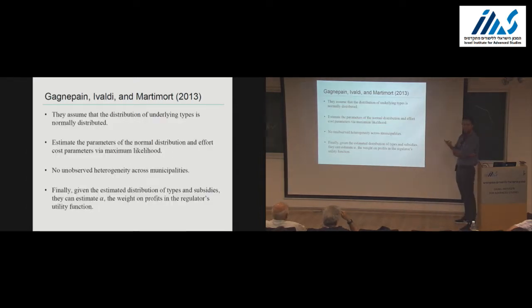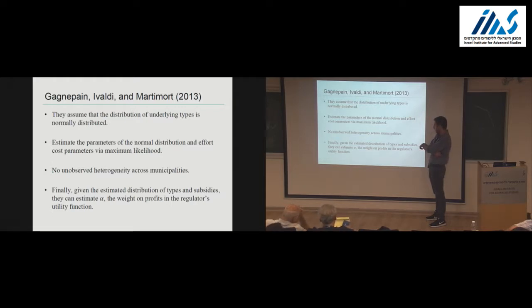Okay, so they make a parametric distribution on the thetas. They assume that the thetas are normally distributed. Again, I'm not going to get into the details of the estimation, which are non-trivial. But they estimate those parameters of that normal distribution and effort cost parameters by maximum likelihood. There's going to be no unobserved heterogeneity across municipalities, but there is observed heterogeneity.